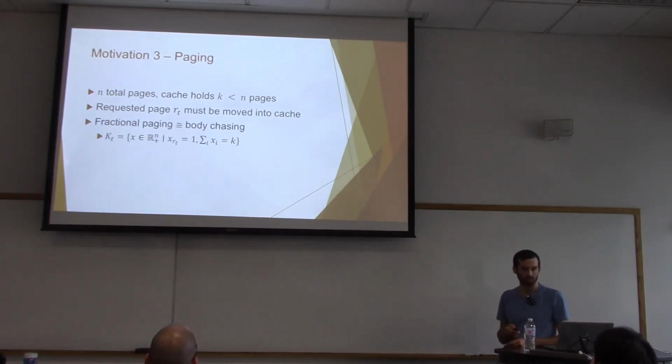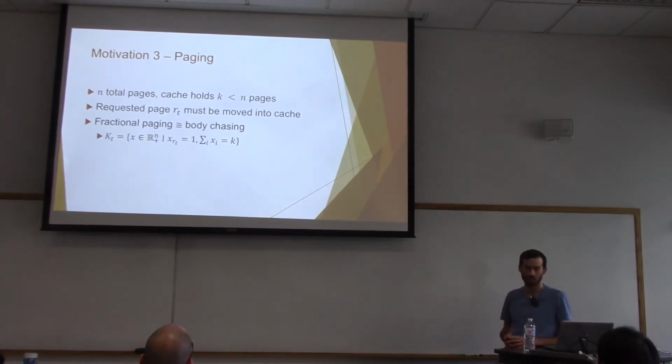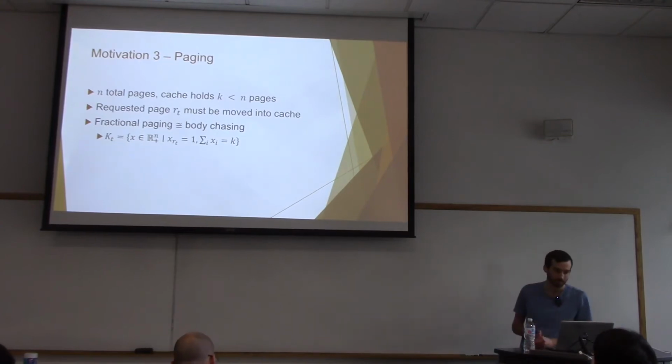And the fractional version of paging can be seen as an instance of convex body chasing, where you can think of my feasible set as all points with mass k, where the mass represents my allocation of the spaces in my cache to various pages. And at time t, when I request a page, I have to allocate an entire spot of the cache to that one point.